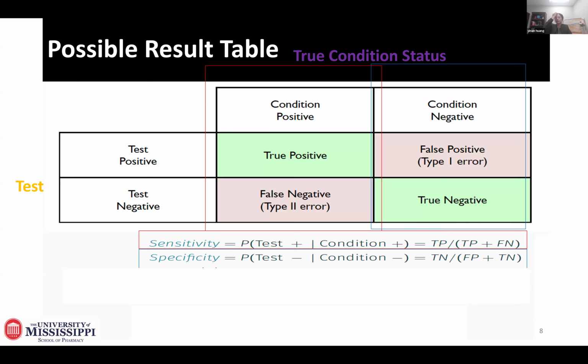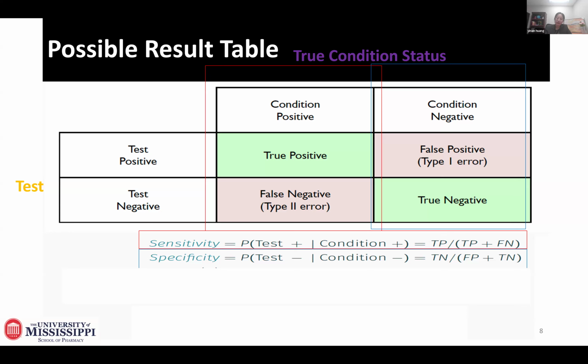Of course, among those who have COVID-19, the test result may show a positive test. The test result may also show a negative result, right? And sensitivity means the proportion among those with COVID-19 of them being tested positive.